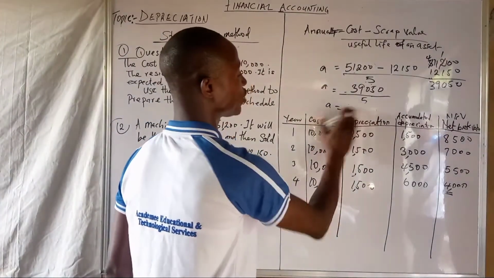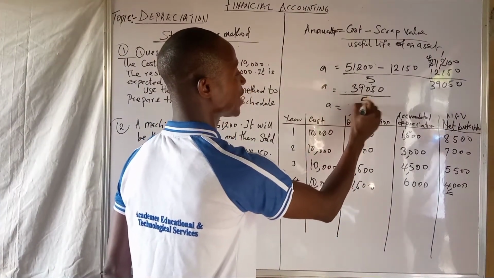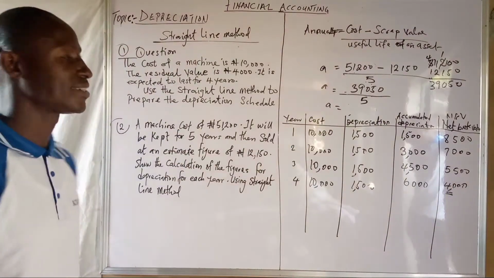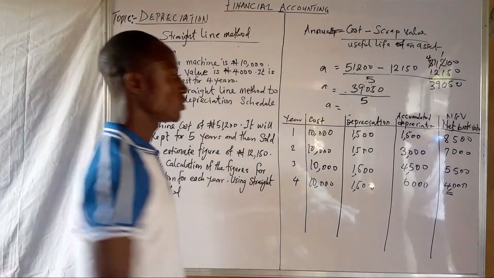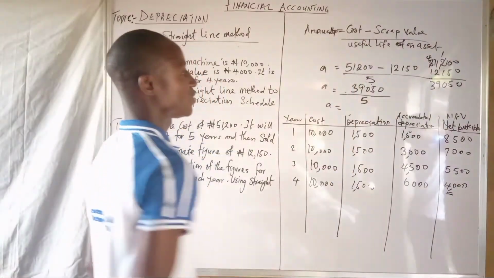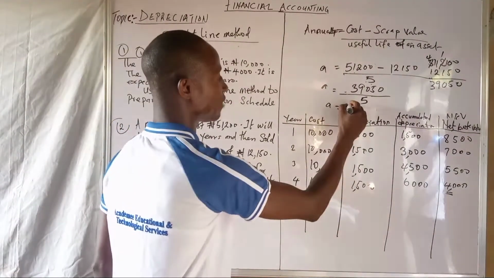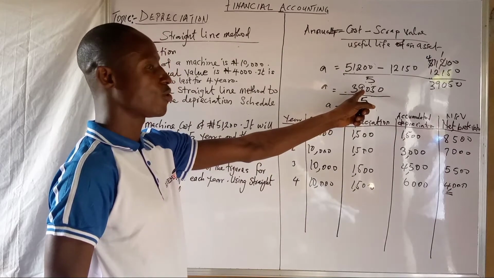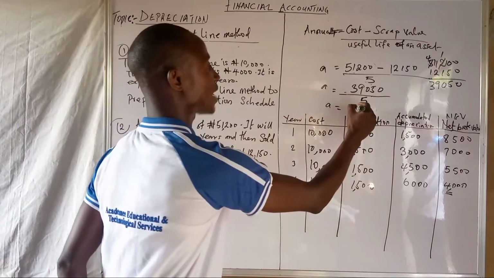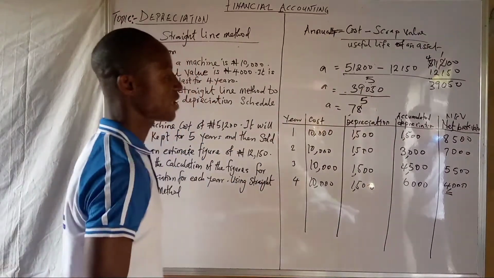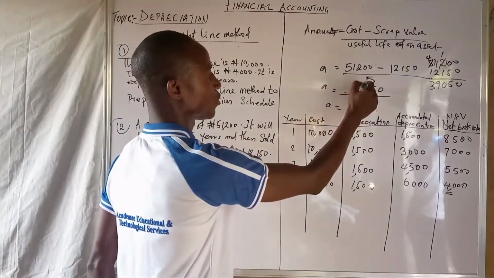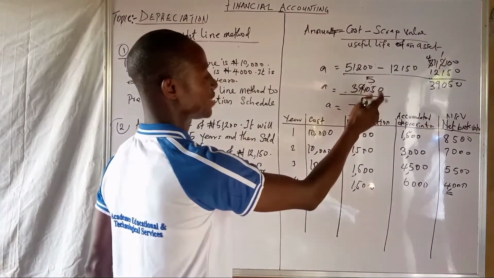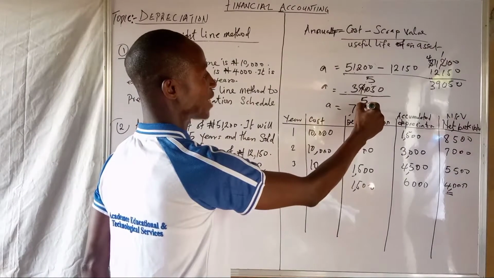Then to get this, how many 5s can we get in that 39? So we are going to get 7. So 5 in 39 is 7, and 5 times 7 is 35, remain 4. So 5 in 40 is 8. And 5 in 5 is 1.